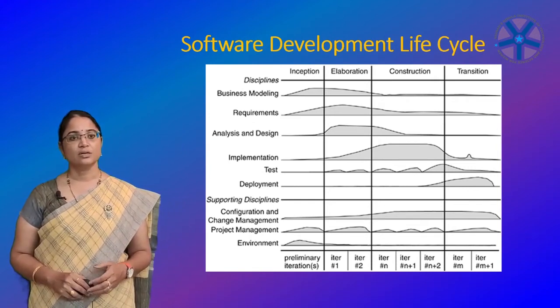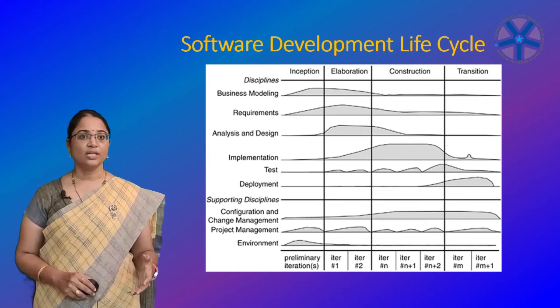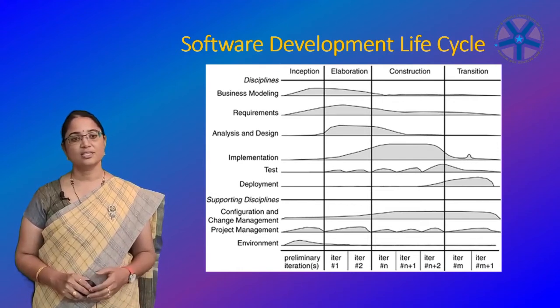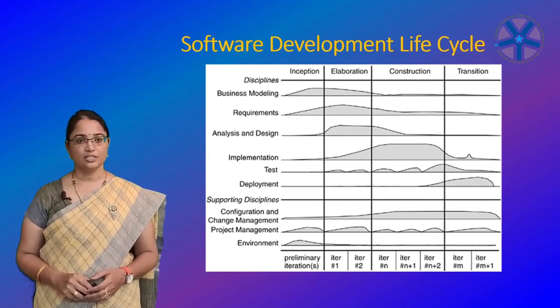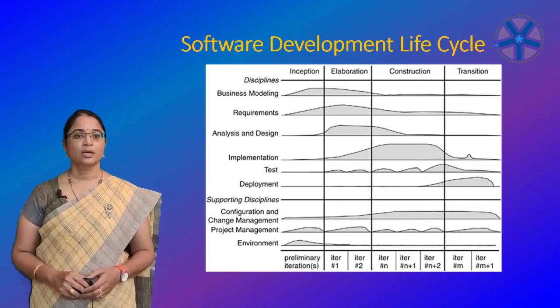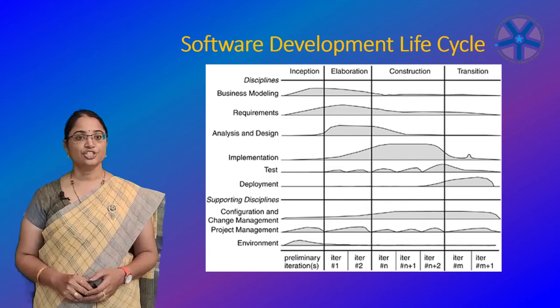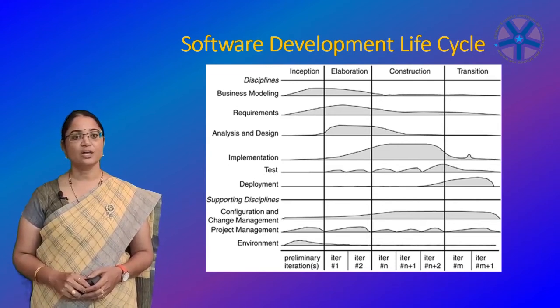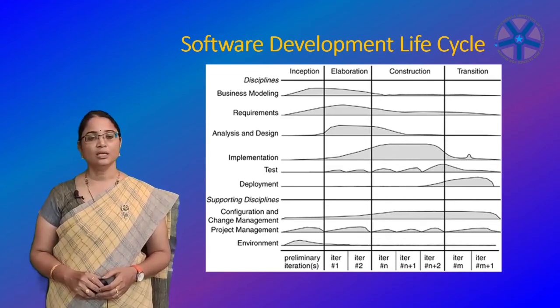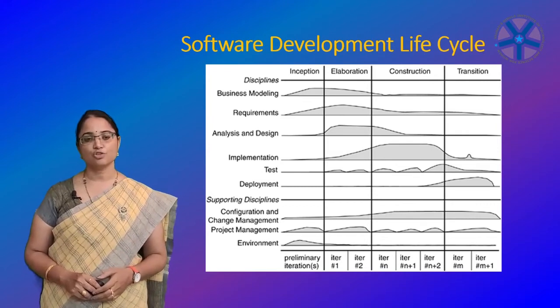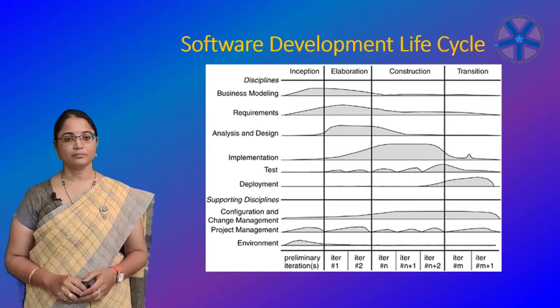Those are business disciplines: business modeling, requirements, analysis and design, implementation, testing, deployment; and supporting disciplines: configuration and change management, project management, environment. These are the different processes which we use in the software development life cycle.